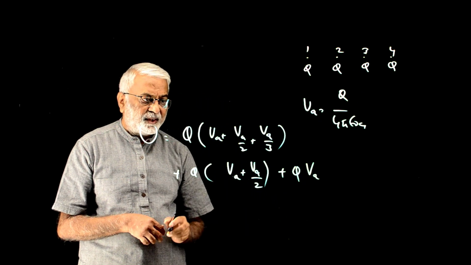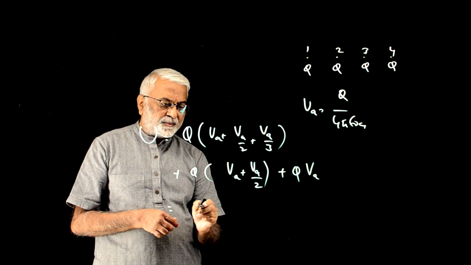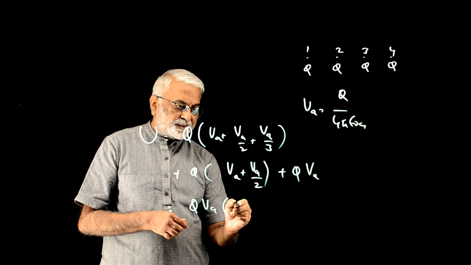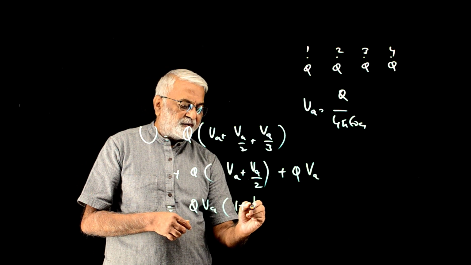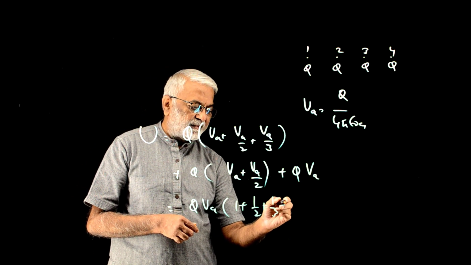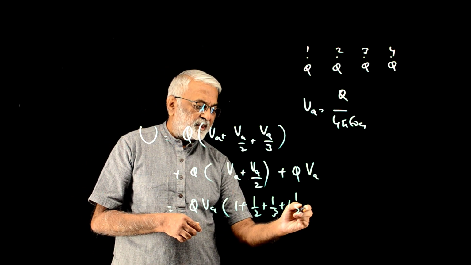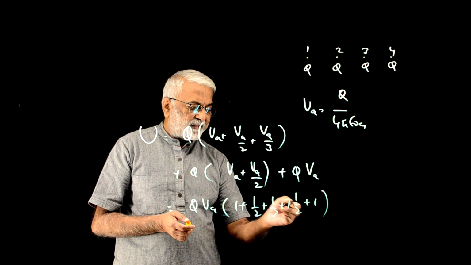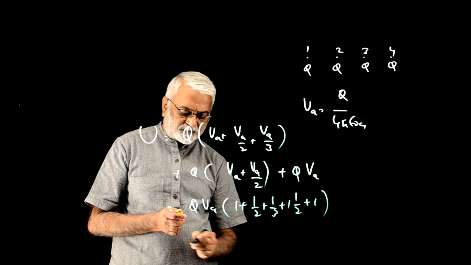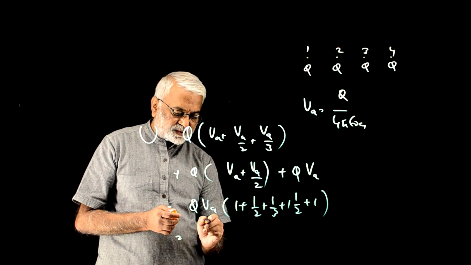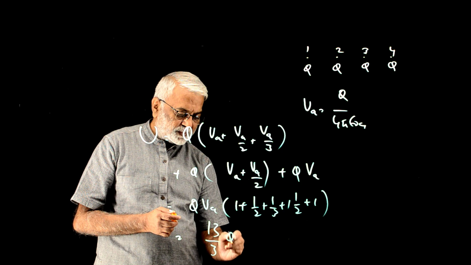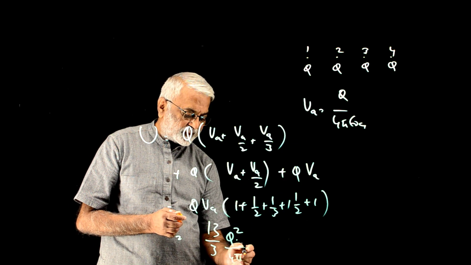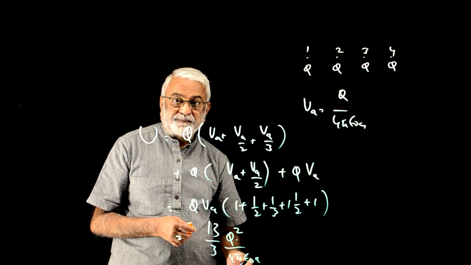That's it. And Q comes out, VA comes out, 1 plus half plus 1 by 3 plus 1 plus half plus 1, and you can see this is half plus half, 1, plus 1 plus 1, 4, 4 plus 1 by 3, 13 by 3 Q into VA. That is Q squared by 4 pi epsilon 0 A.